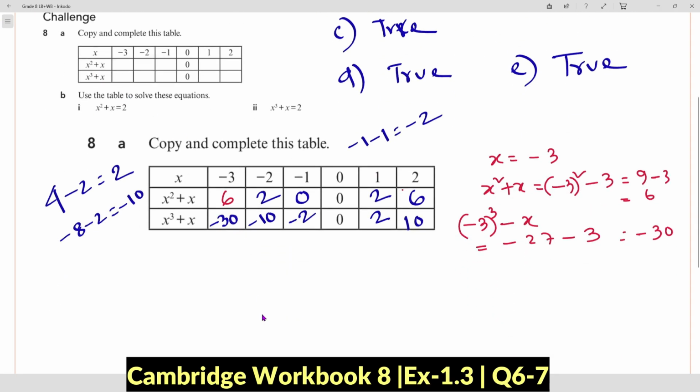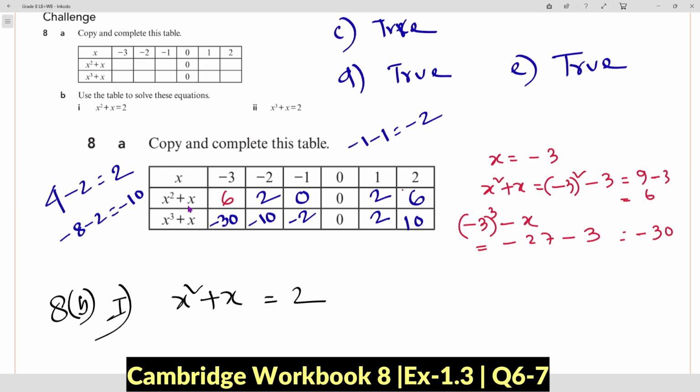Now look, use the table to solve this equation. Here is number 1, it means 8b 1. x square plus x equals 2. So from the table, x square plus x equals 2. So where is the 2?